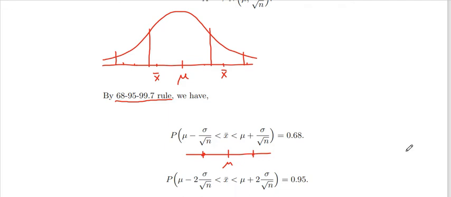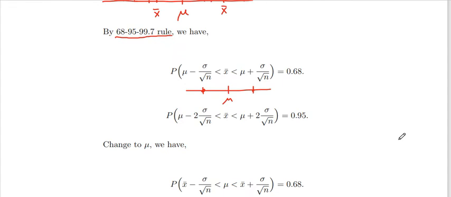And extending to 2 sigma, this part accounts for 95%. Here we focus on X bar. Suppose we know mu. If we know mu is here, then we know X bar in this range is 95%.